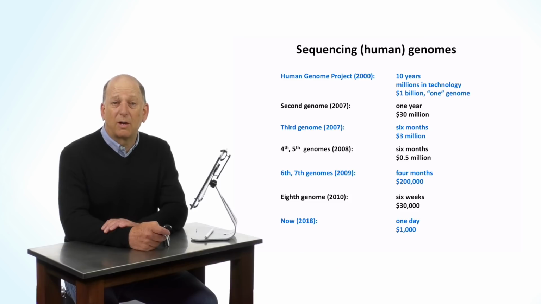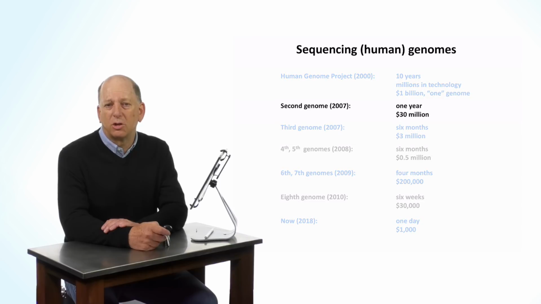This reference sequence is not the sequence of a single person, but rather an amalgamation of the sequences of a number of people. Once we had a reference sequence for the human genome, which can be looked up and searched online, all subsequent genomes were just resequencing efforts that used the first genome as a guide.